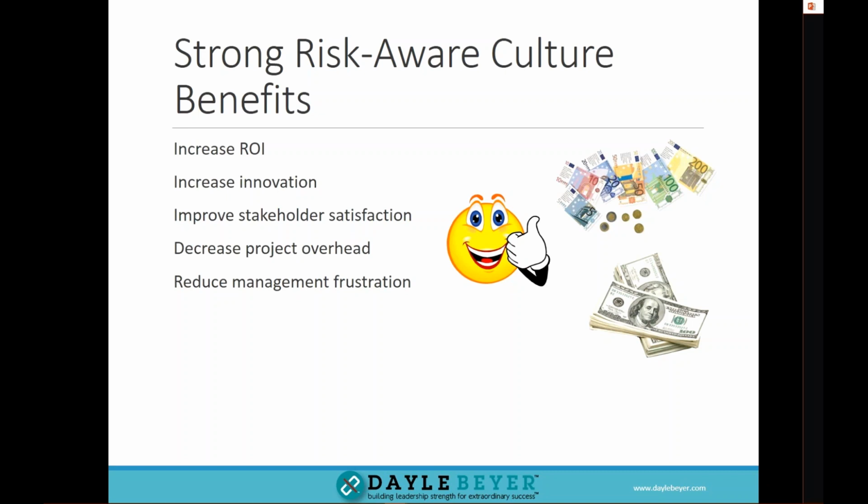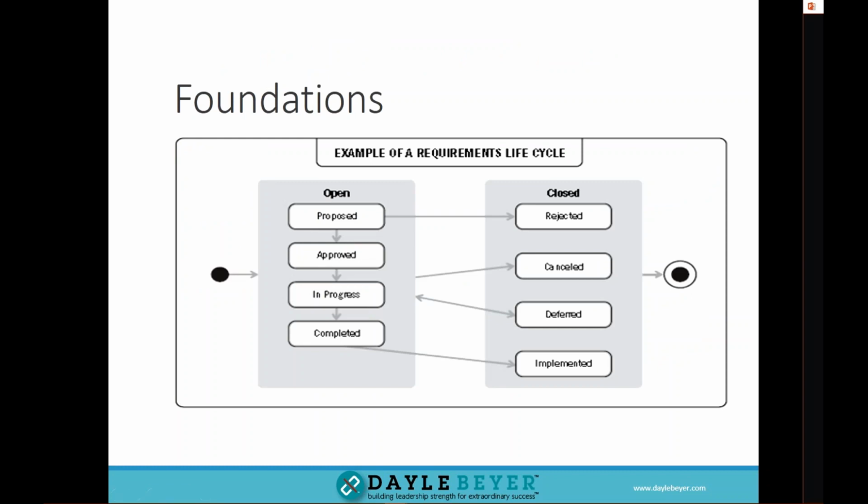So let's talk about some foundations here that we can focus on. Now, oftentimes when I teach classes, I teach about the different kinds of life cycles that projects go through. On the project side of things, we could have project life cycles, we could have product life cycles, or from cradle to grave. So think of it this way. How many times have you exchanged a cell phone?